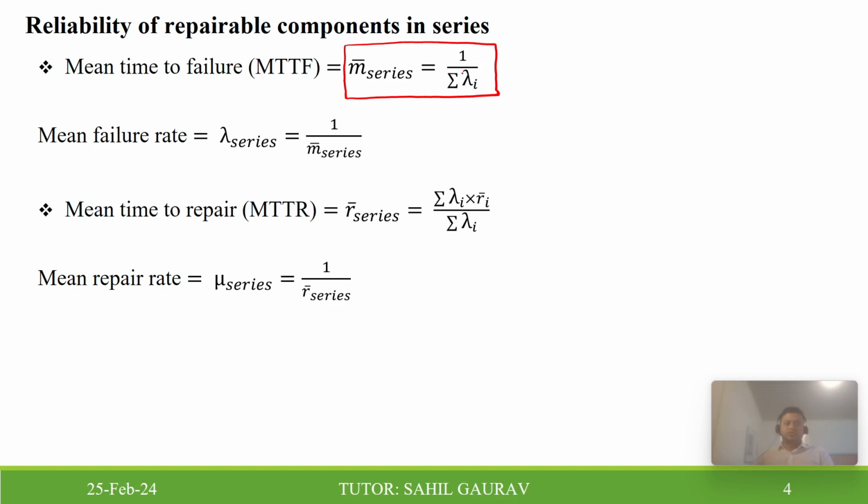The reciprocal of sigma lambda i gives the mean time to failure of the system in which all the components are connected in series. And we know that failure rate is the reciprocal of mean time to failure, so you will get this expression. Now for finding the mean time to repair, you have to remember this expression.